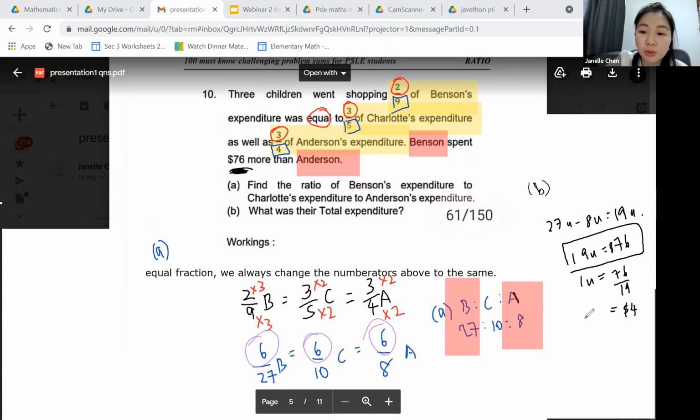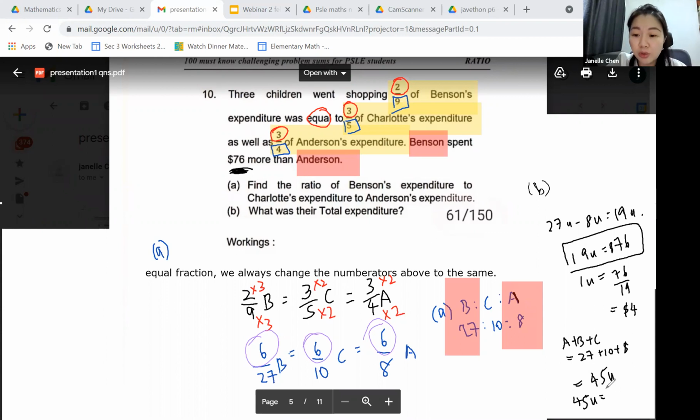Total expenditure will be all 3 of them together, which is A plus B plus C. So in total you have 27 plus 10 plus 8. So total units here equals 45, right? If you have 45 units, we need to find what 45 units equals.